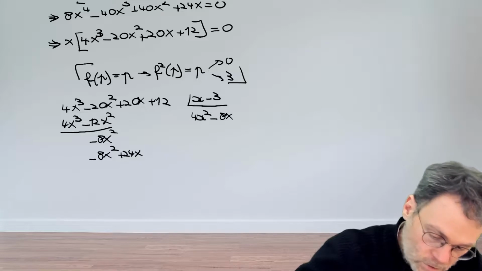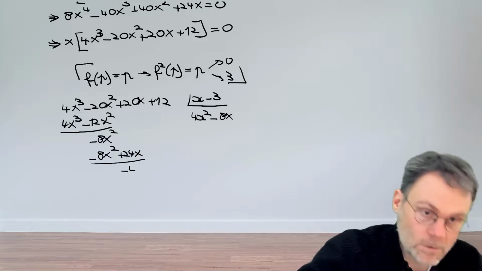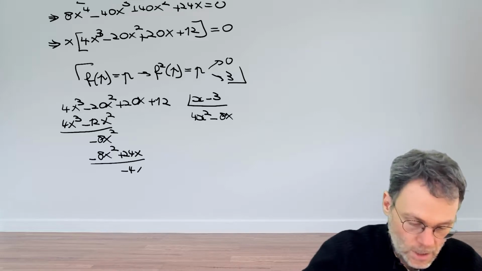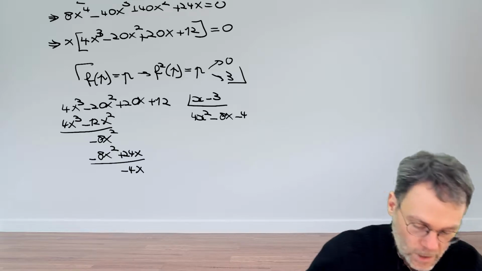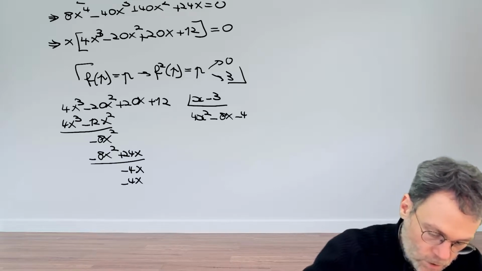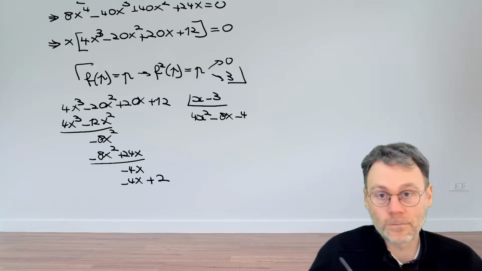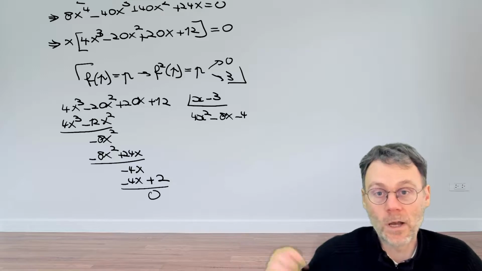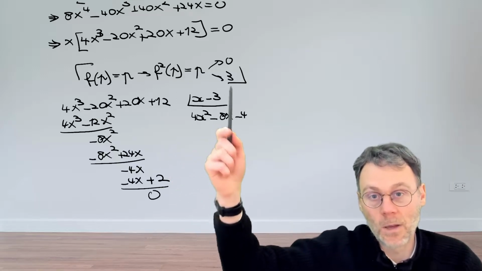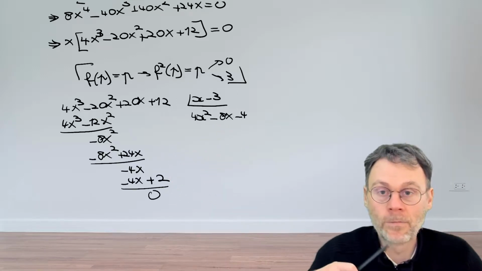If we subtract those, it's going to give us minus 4x. So finally we have minus 4 over there. So minus 4x plus 12. Subtracting those, hooray, gives us indeed 0, as we expected, since this thing is divisible by x minus 3.